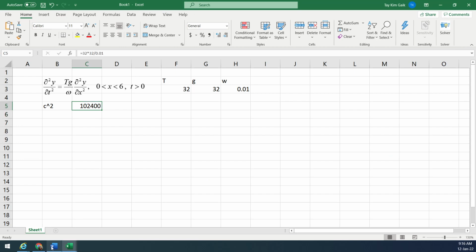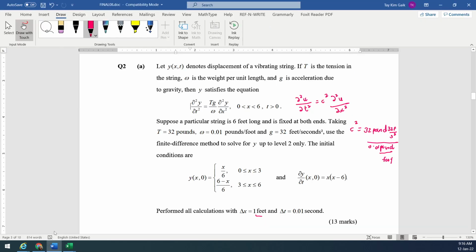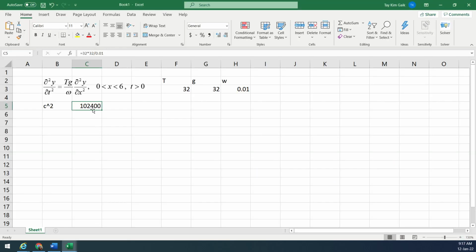So whether the unit... never mind, we try the c squared in this case: 1024, 32 times 32 divided by 0.01.